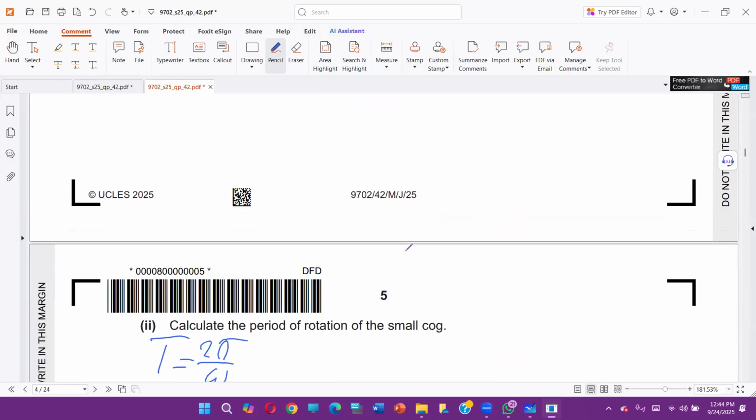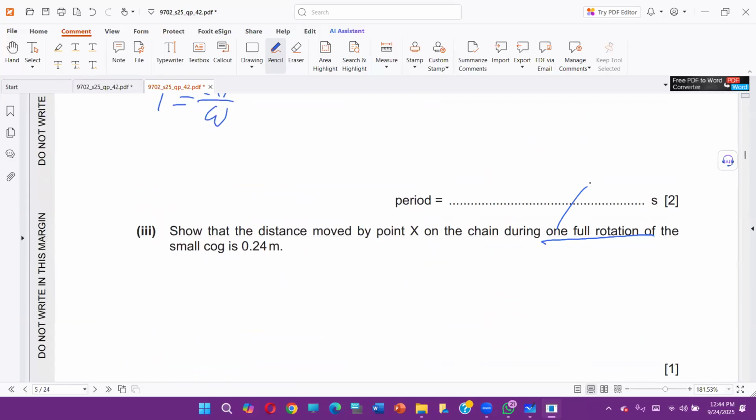Okay, we can use the time period. So one revolution means he's talking about time period. Is he talking about some type of circumference formula or something, or angle? We can go for it, but for one cycle, I should take 2 pi. That's also a good idea.